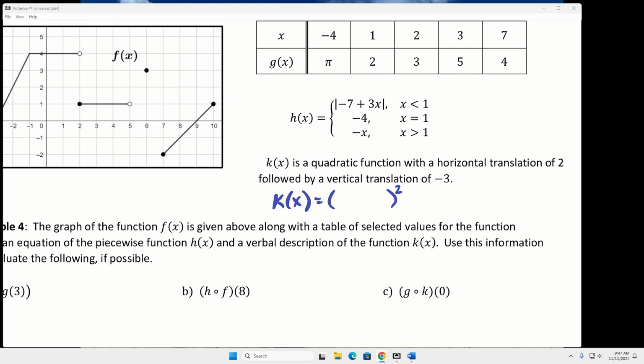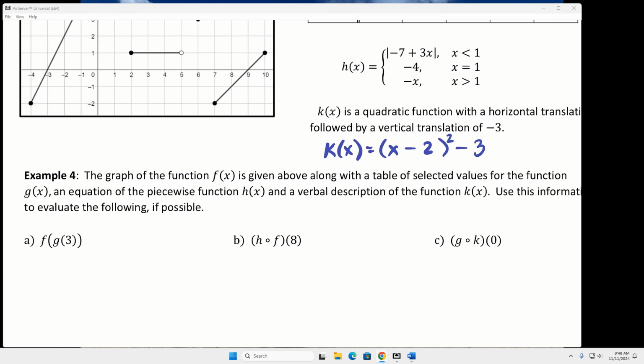So translations are going to be adding and subtracting numbers. So horizontal translation is adding and subtracting inside. If I want a horizontal translation of 2, am I going to add 2 or subtract 2? Good job. So it's the opposite of what you think. And then the vertical is the same as what it looks like. Okay, so now we can do all these problems.